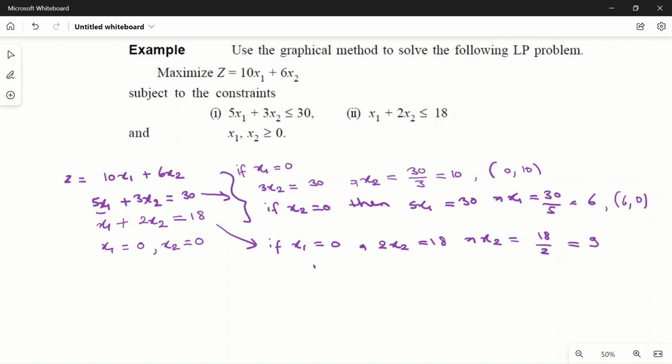So the point of intersection is (0, 9). If x2 is 0, then here x1 is 18. Okay, so we have found the intersection points.